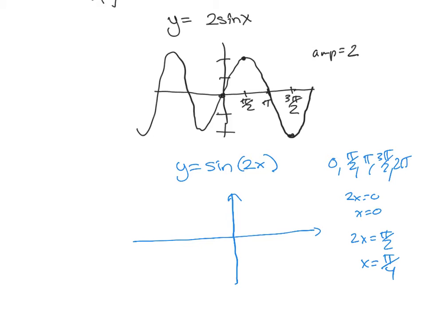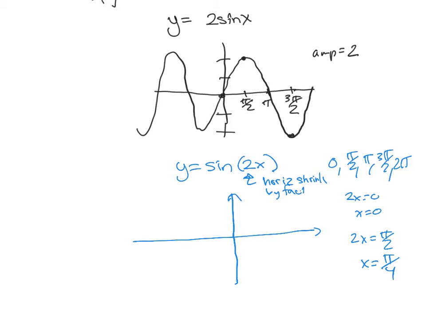So if we remember back to our transformations of the past, whenever there was a transformation that occurred within the domain, then you are actually doing the opposite here. So in this case, I'm doing a horizontal shrink by a factor of 2.